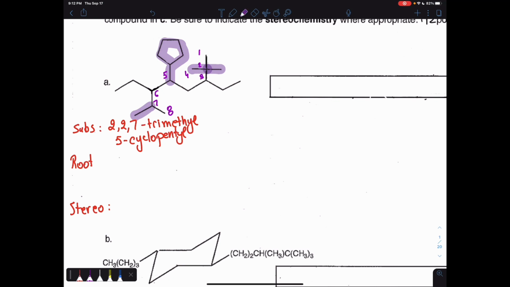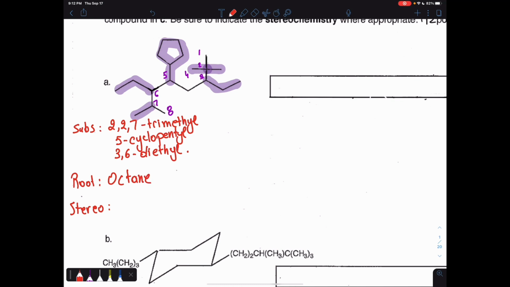On carbon number 3 and carbon number 6, we have ethyls, so that's going to be 3,6-diethyl. And then now we look at the root. For the root, it's 8 carbons, so that means it's octane. And lastly, in this case, there's no stereo, so I'll just put not available.